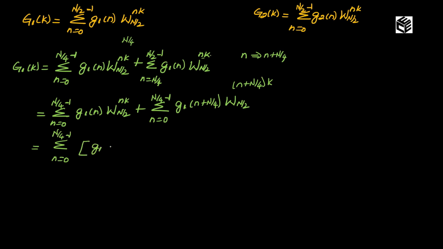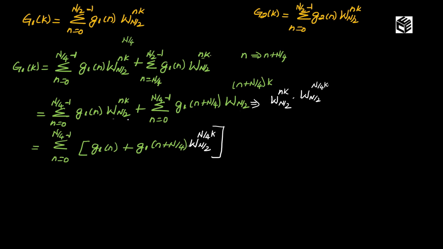I'm going to combine this g1 of n plus g1 of n plus N by 4. If I split this, what will be my answer? W N by 2 power nk multiplied by W N by 2 power N by 4 k. So this W N by 2 power N by 4 k, I'm going to write here, and the complete term W N by 2 power nk is present here also, so I'm going to take this outside, W N by 2 power nk. So this is my g1 of k expression.